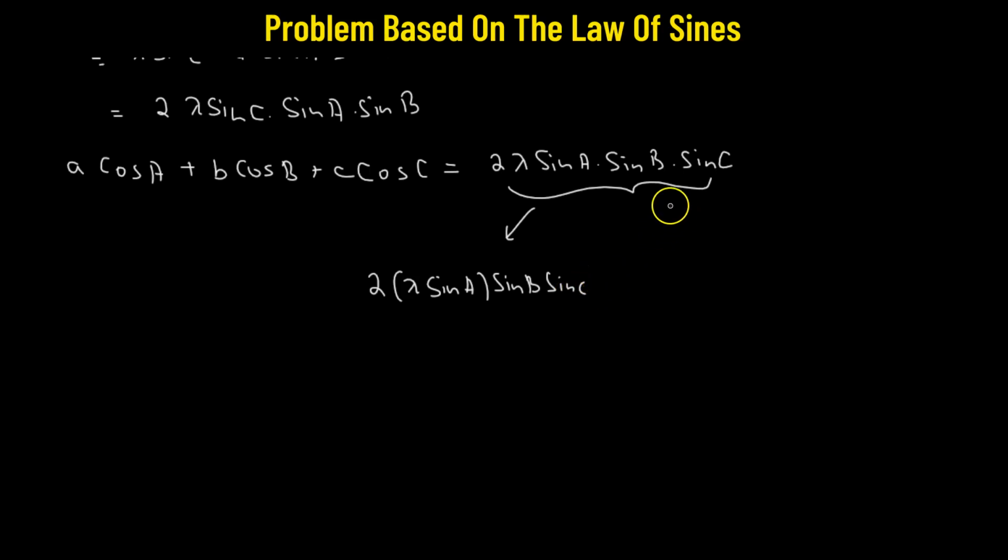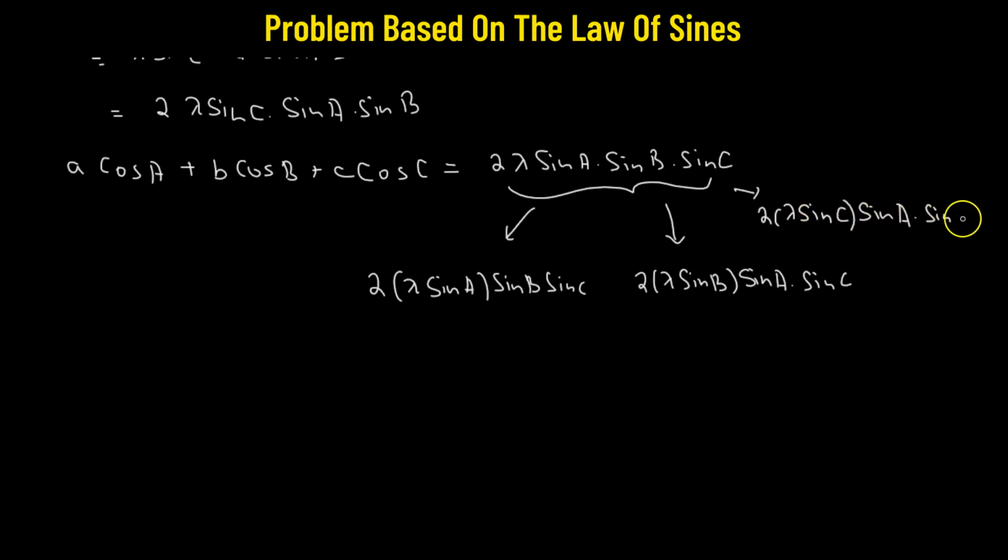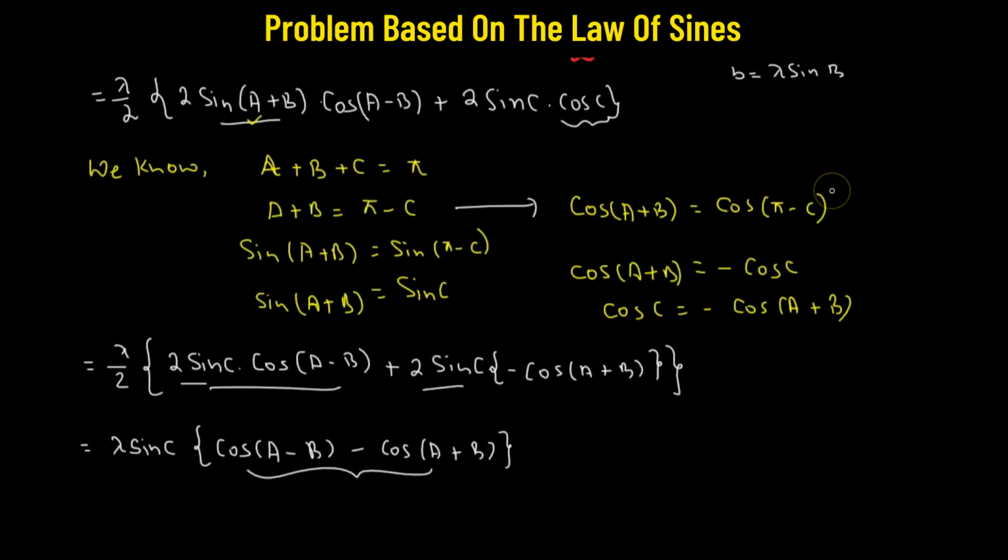The second way will be 2 times lambda times sine b multiplied by sine a times sine c. And the third way will be 2 times lambda multiplied by sine c, whole multiplied by sine a times sine b. We are writing it because we have already defined the values for lambda sine a, lambda sine b and lambda sine c using the law of sines.